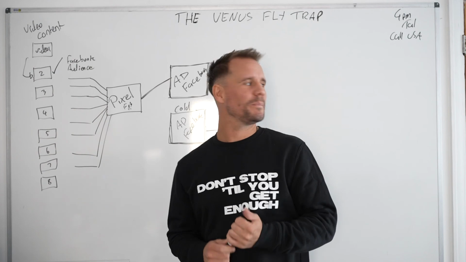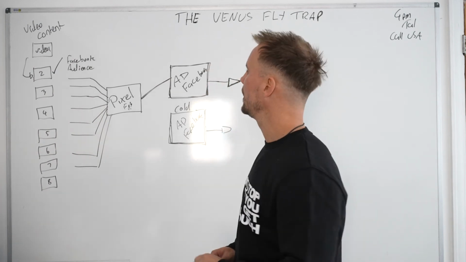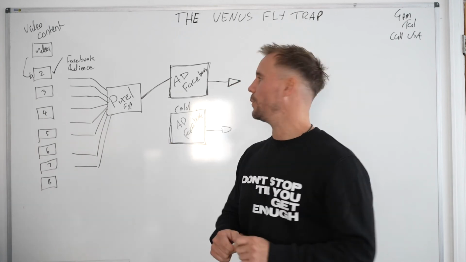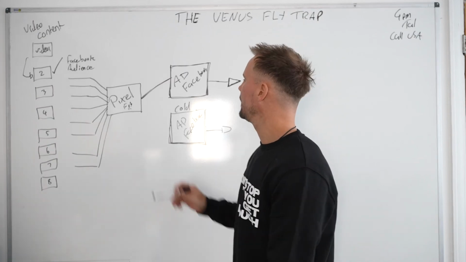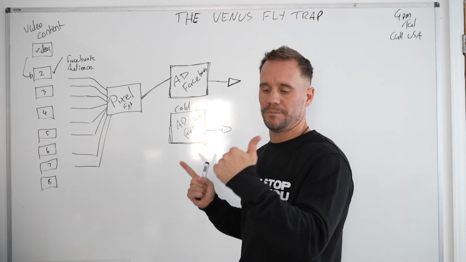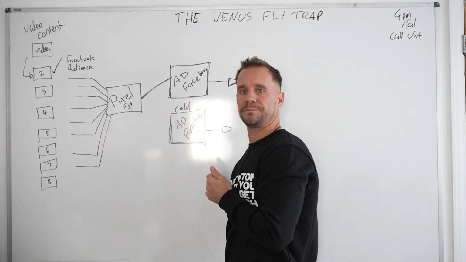Hey, how you doing? We're back again. So hopefully you followed along with that okay. So we was on stage 2 of my Venus flytrap is what you've been watching. So it was here. And for what you was learning, we've gone from the pixel to create a cold audience. I showed you how to run the cold.